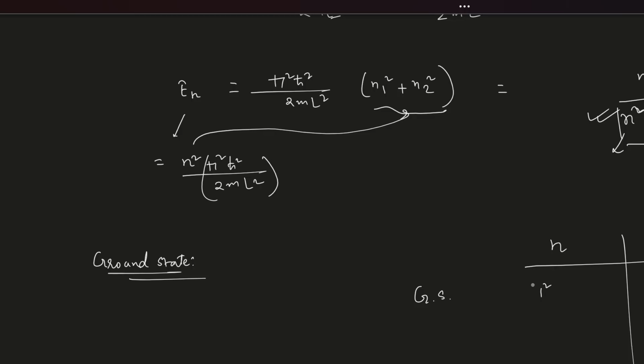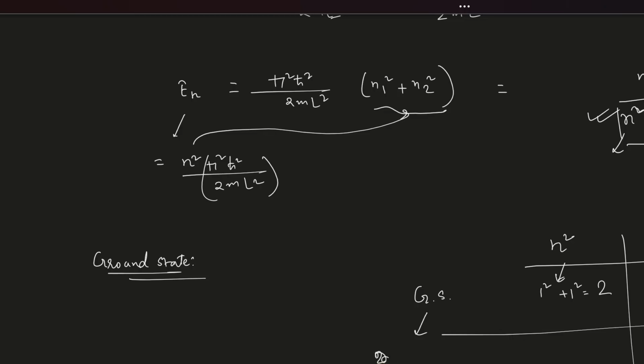We write down n squared here for our convenience, because that is a relation. So n squared is 1 squared plus 1 squared equal to 2, so the ground state value in this case will be 2.